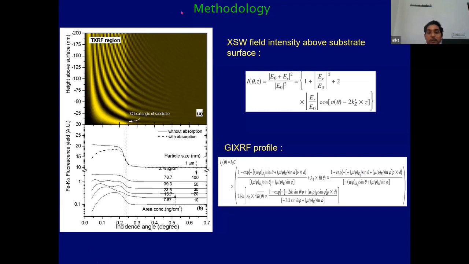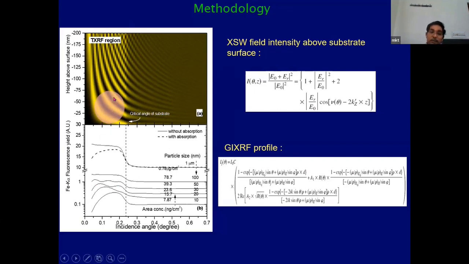This is old work which we have already done. If you calculate the field intensity, you can sharply see the boundary at the critical angle. If you put a particle over here, you will see oscillations according to how many standing wave fields the particle occupies.